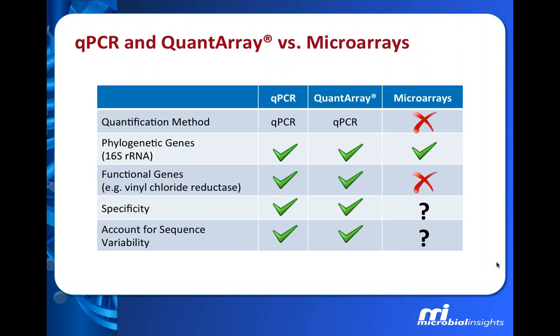But to account for variability while having no mismatches, you literally need to have thousands of probes. It isn't because they attempt to detect many targets. They need to have a lot of probes to account for sequence variability and avoid generating false negatives. So just as an example, that GeoChip that I mentioned has about 50 probes per target, so 50 probes for each of those functional genes that they need.